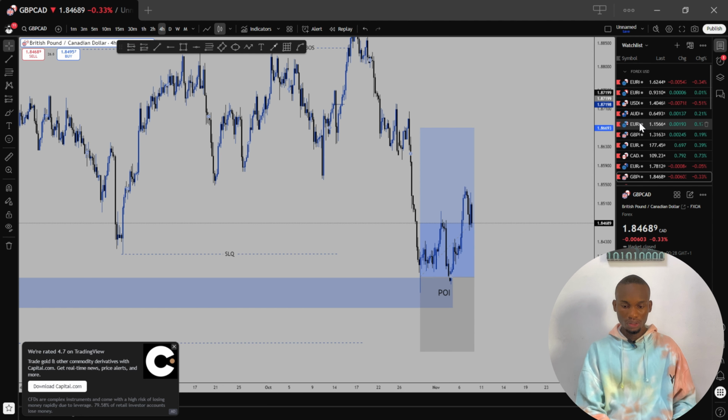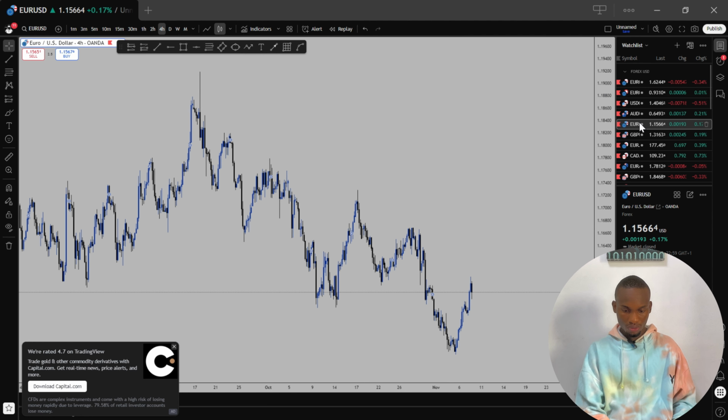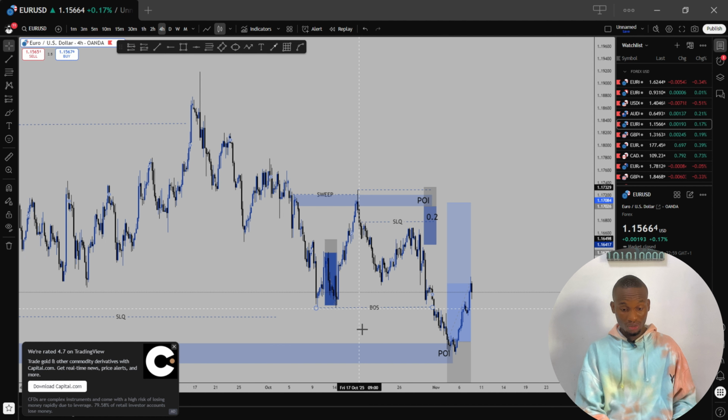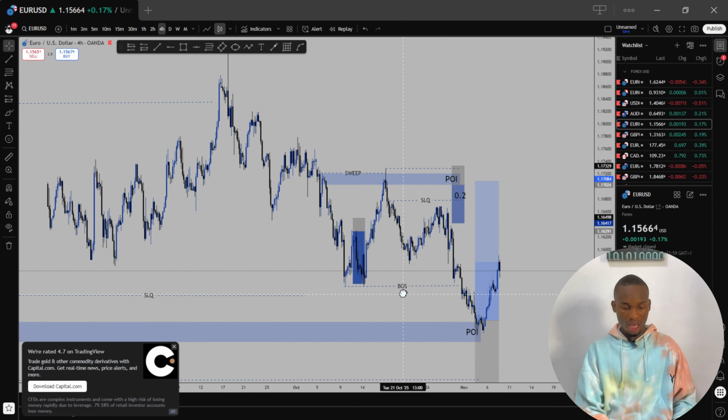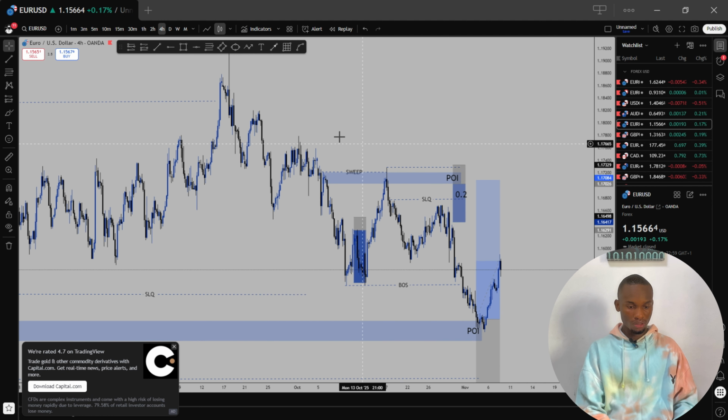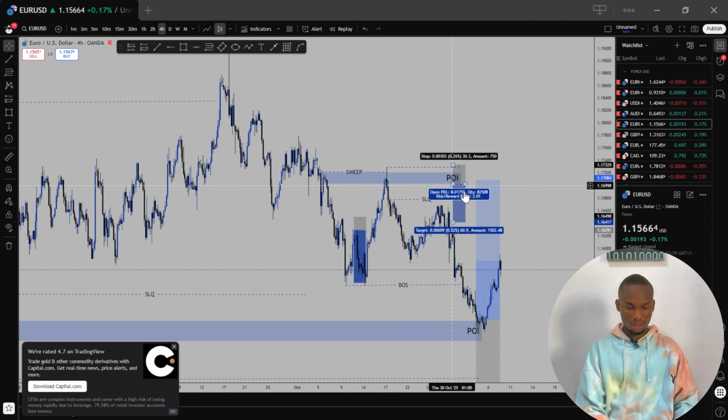Yes. So euro, okay. This is also another pair I'm watching. I had a sell limit right here last week, but it's no longer valid. So let me just go ahead and delete this.